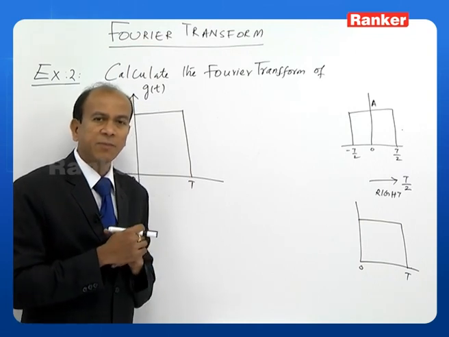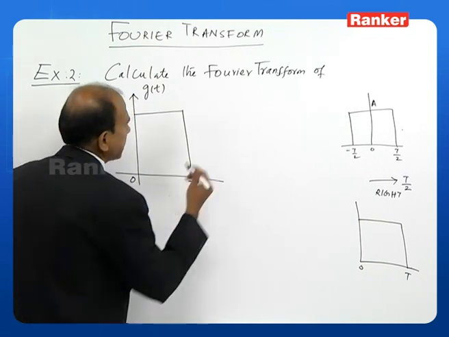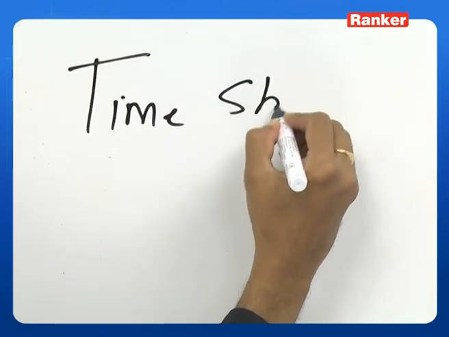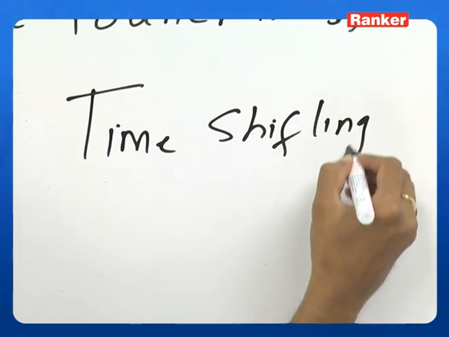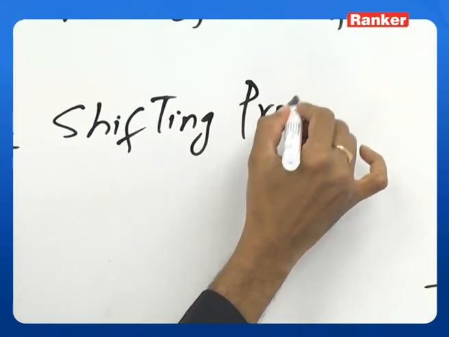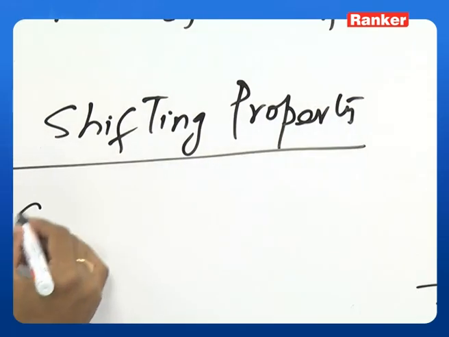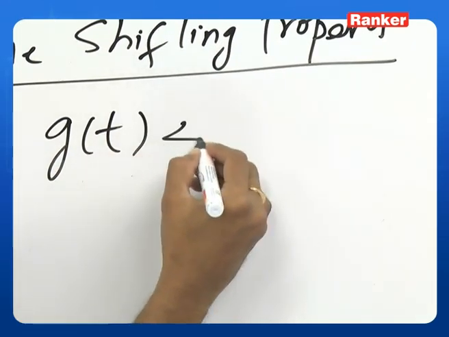So what does the time shifting property say? Again, g of t has a Fourier transform G of f.